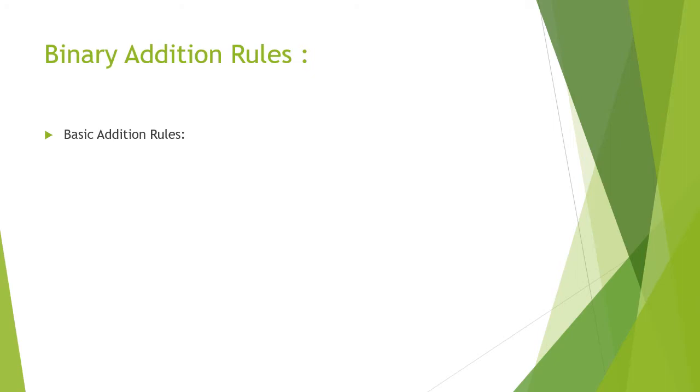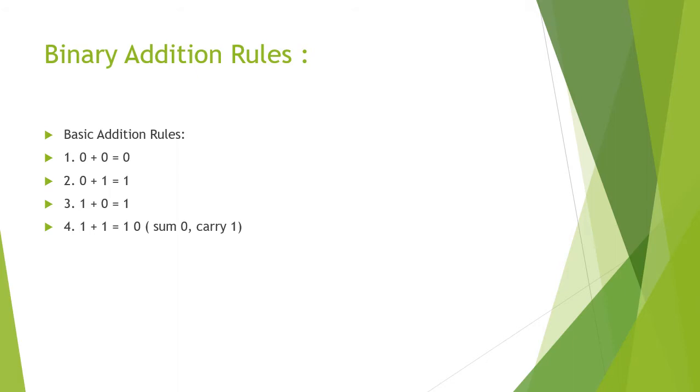So let us start with the binary addition rules. 0 plus 0 equals 0. 0 plus 1 always equals 1. 1 plus 0 equals 1. Now here 1 plus 1, as we all know, is 2, but here we are performing binary addition.